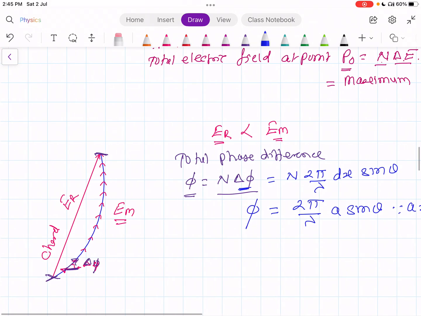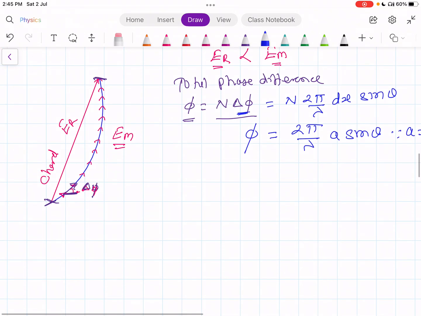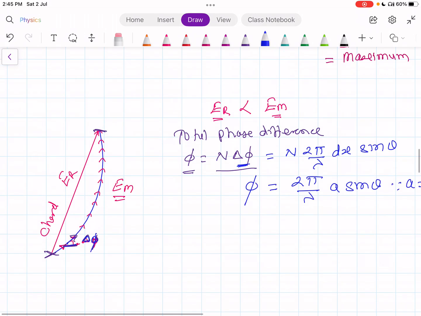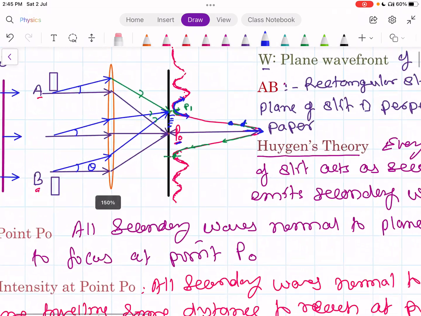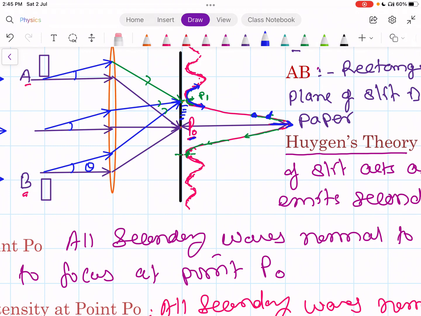Now if you increase the theta further, the phase difference increases, that is, the angle theta increases. So we are moving from this point to this point over here. As the theta increases, we will get the points over here and here.